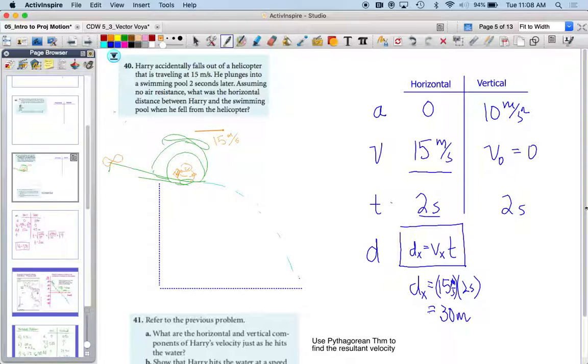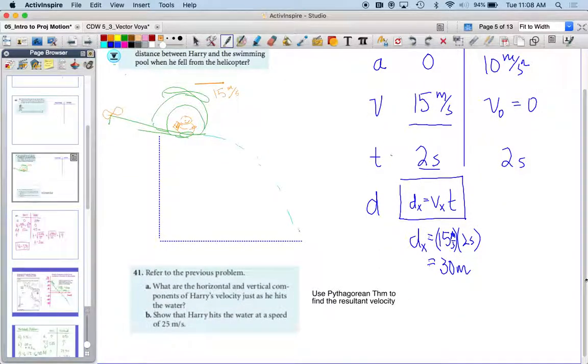The question continues in number 41, so I'm just going to scroll down. Number 41 says, what are the horizontal and vertical components of Harry's velocity just as he hits the water? So now we're really being asked to find how fast he's going vertically after 2 seconds.